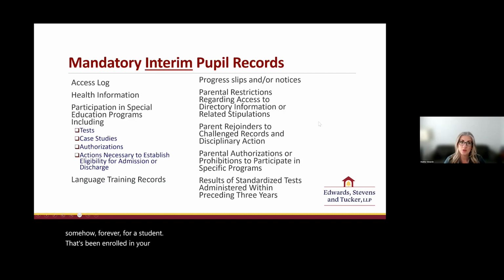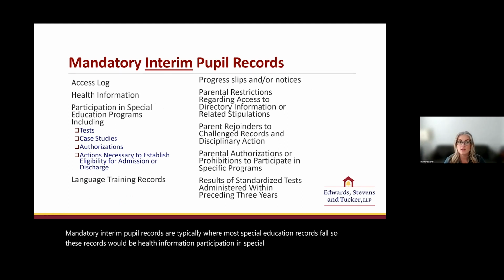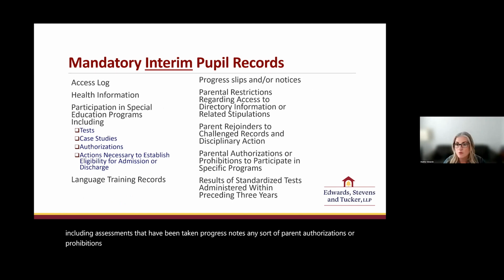Mandatory interim pupil records are typically where most special education records fall. So these records would be health information, participation in special education programs, including assessments that have been taken, progress notes, and any sort of parent authorizations or prohibitions, so if the parent has opted out of certain types of participation in statewide testing, for example, those sorts of things must be maintained.